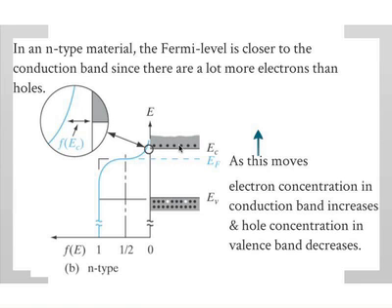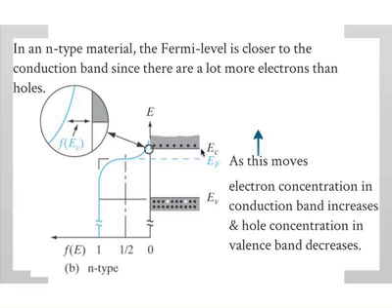If you conceptually think about it, what does that mean? That means that the Fermi level has to be closer to the conduction band, right? Because there are many, many more electrons here. And remember, the distribution always has to be symmetric with respect to the Fermi level. So it is true, the Fermi level is closer to the conduction band in N-type materials since there are a lot more electrons than holes.